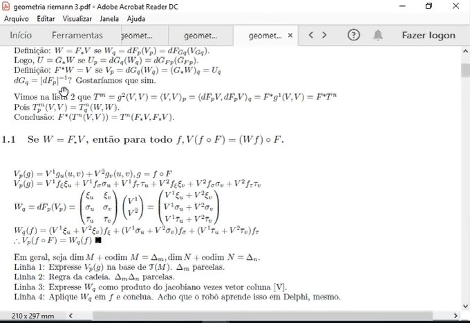This is an analysis theorem, a consequence of the chain rule.